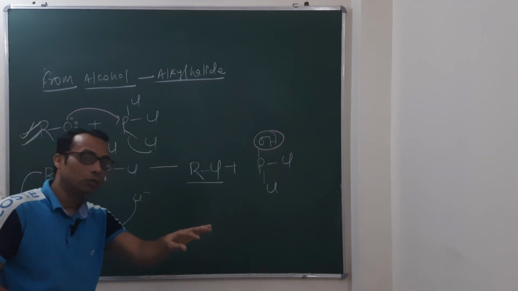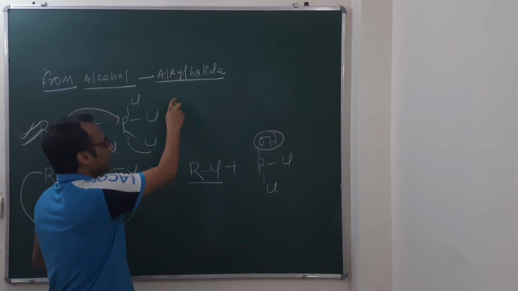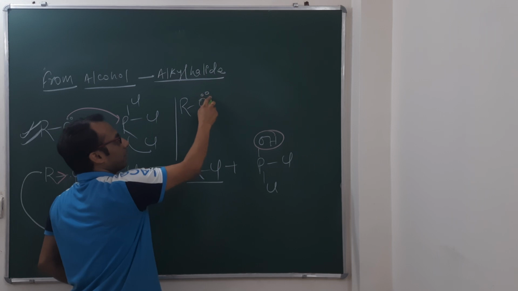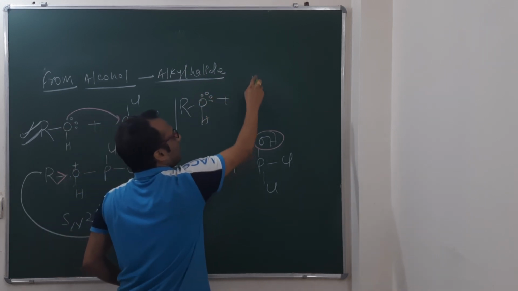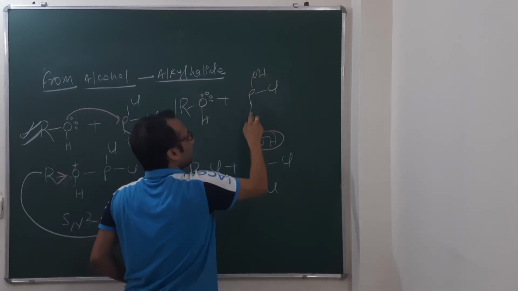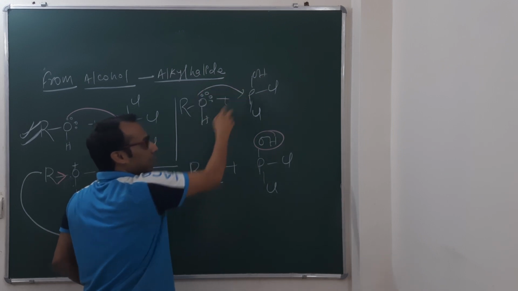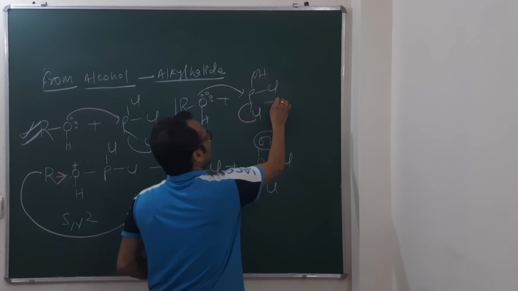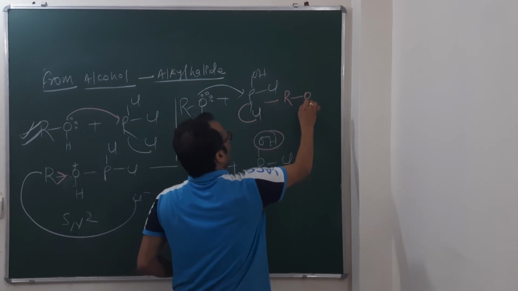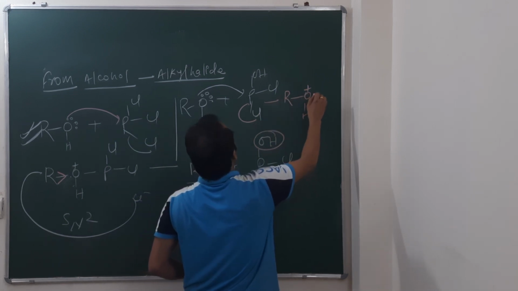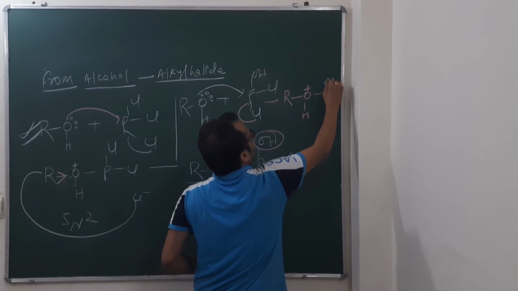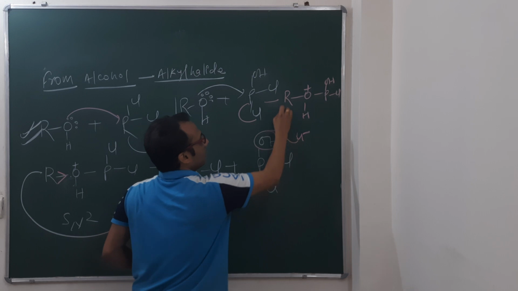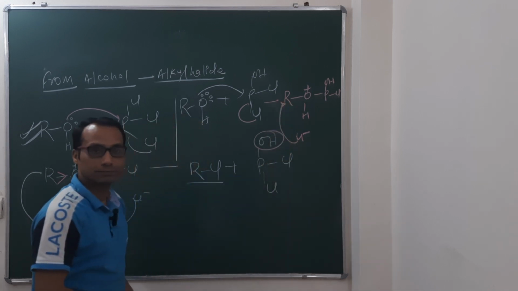Now again understand, if I take ROH again, the same phenomenon will happen. The POH, Cl, Cl attacks again, chlorine leaves its position, here is R, O, H with positive charge, P, OH and Cl, and the chlorine which left attacks the alkyl group.